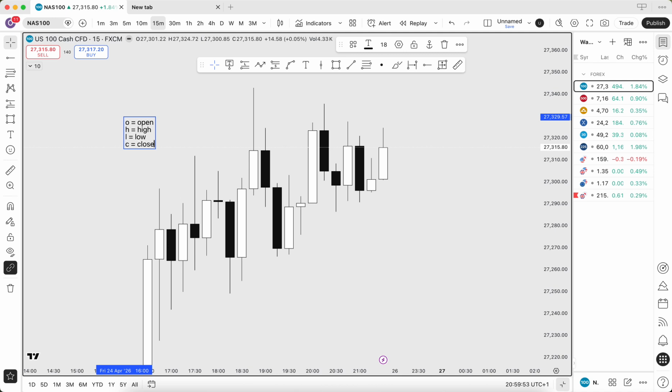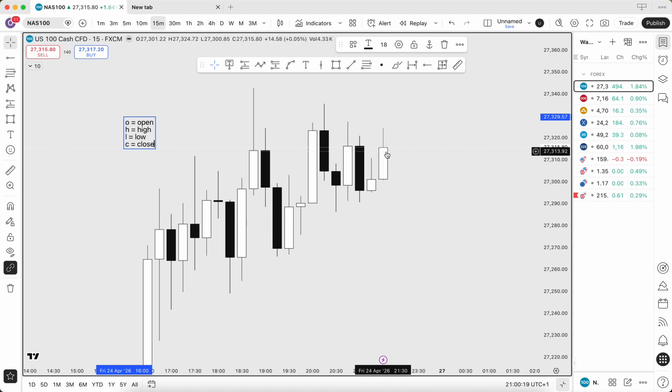When we talk about OHLC, the open, the high, the low, and the close are what form a candle. Another thing that forms a candle is the time frame, and we'll move over to time frame in a separate video. But now we just want to focus on candle anatomy, which means knowing what makes up a candle.